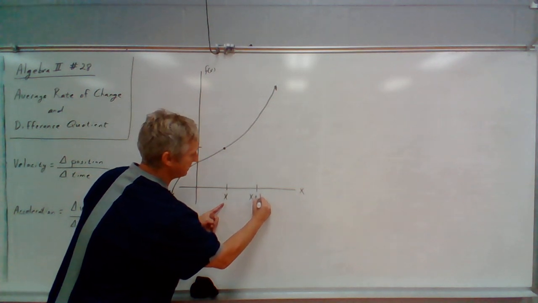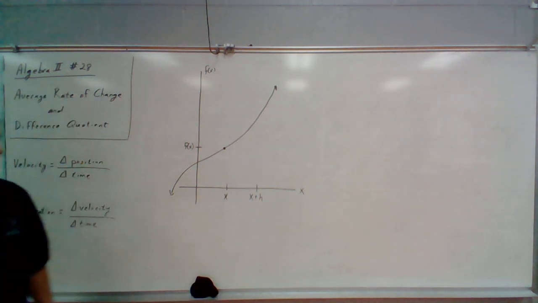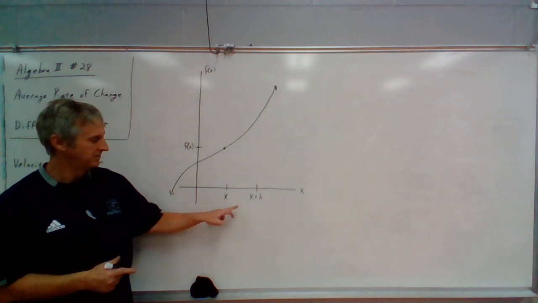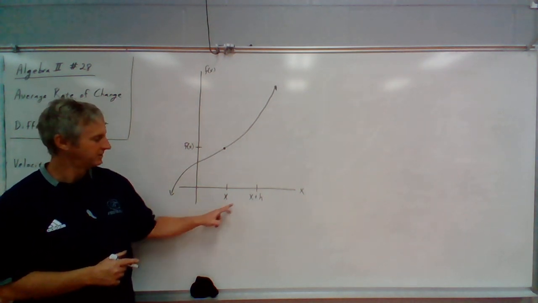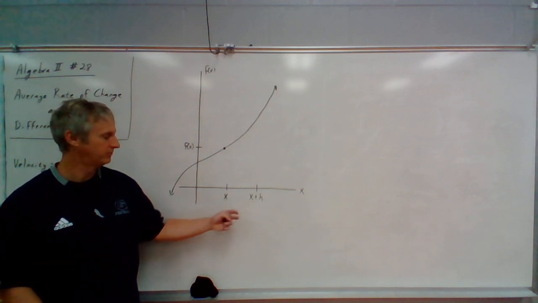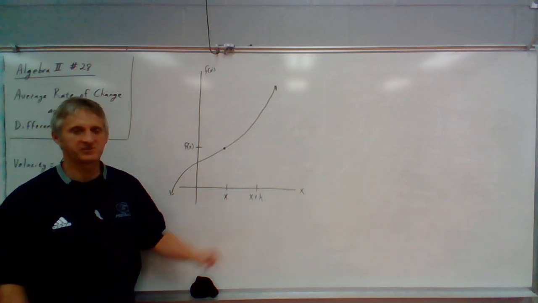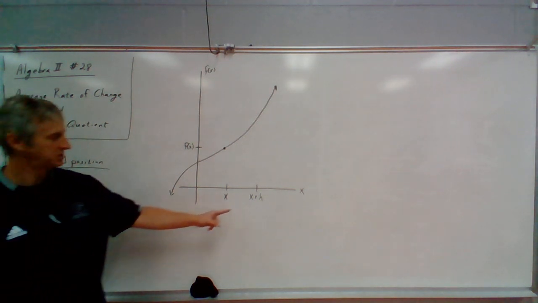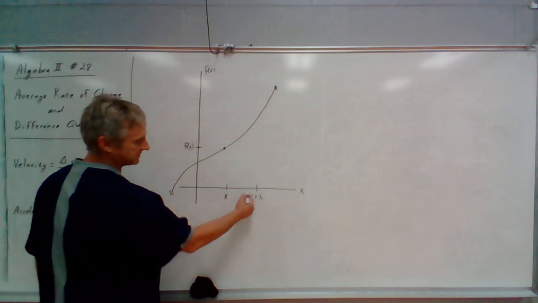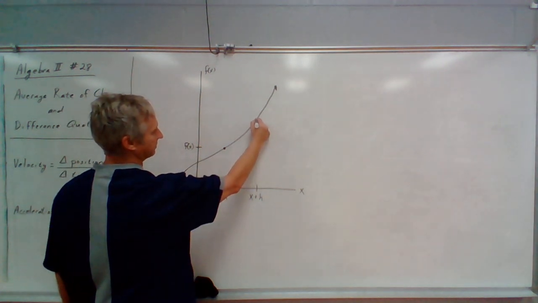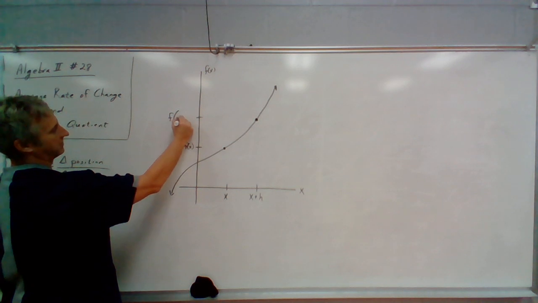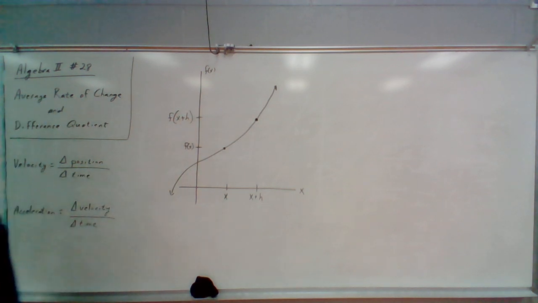Let's call it h. So pretend x was 5 and h was like 0.1. So here would be 5, here would be 5.1, or 5 plus 0.1. So h is usually some really tiny number. All right, if this is x plus h, then this would be f of x plus h.